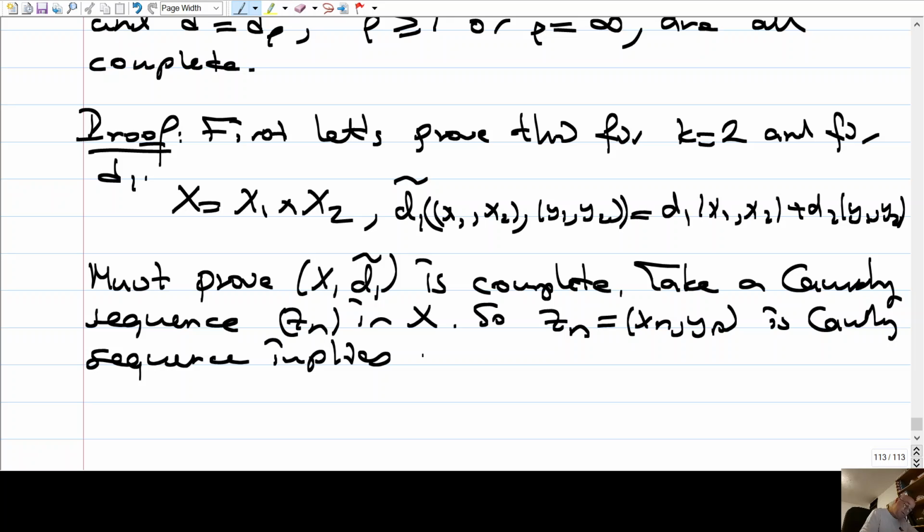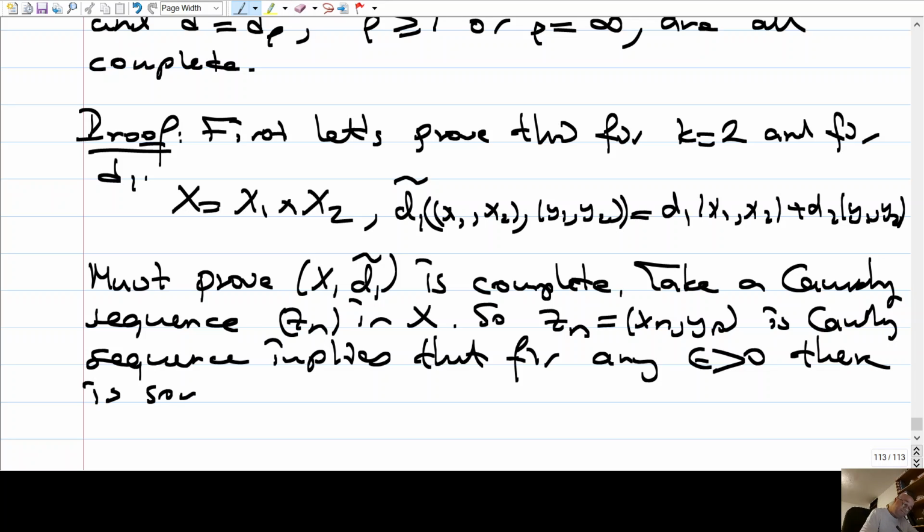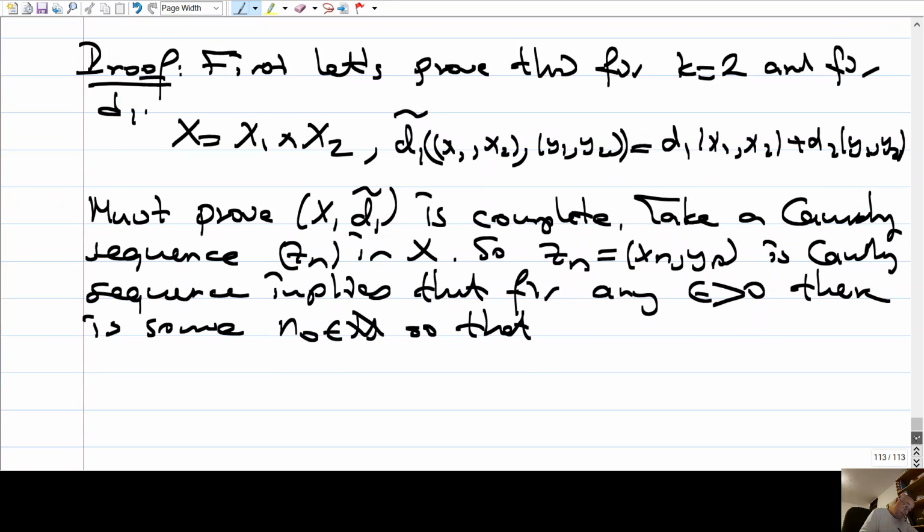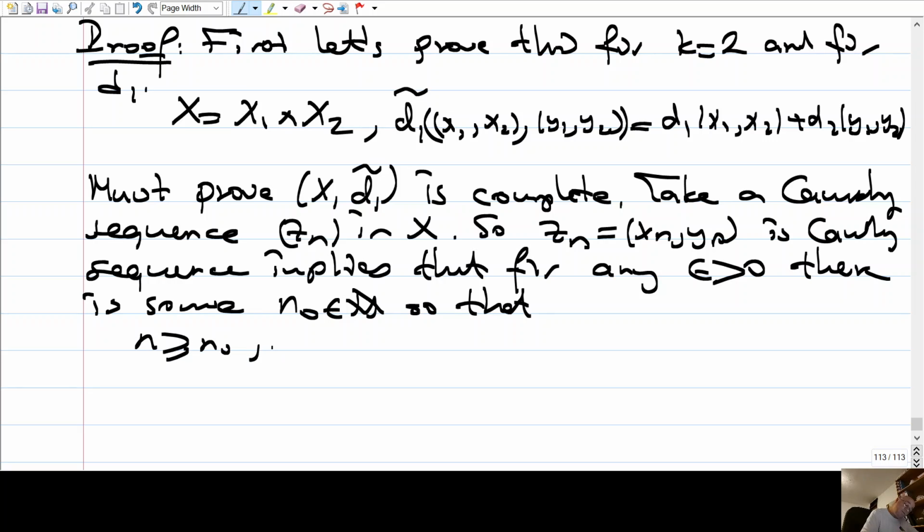A Cauchy sequence implies what? Implies that for any epsilon positive, there is some n0, so that m and n larger than n0 implies d tilde of (xn, yn) and (xm, ym) is less than epsilon.